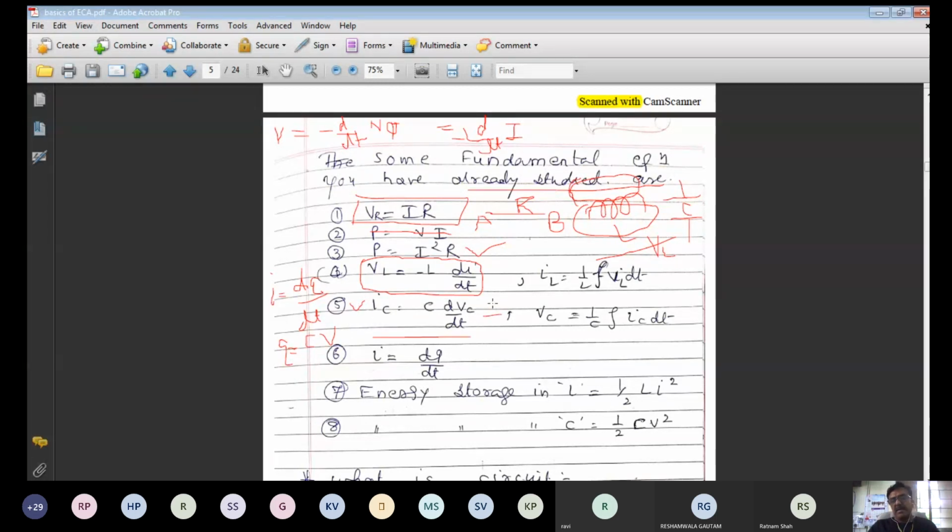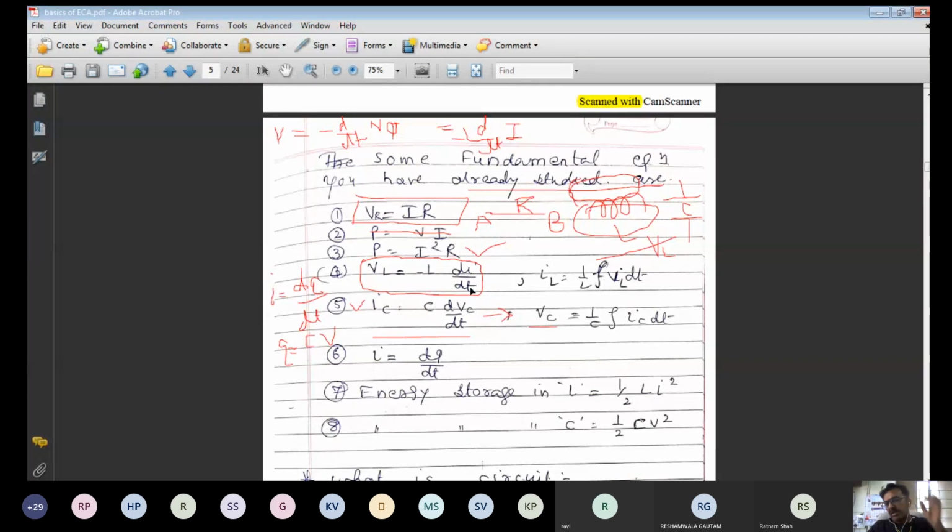From this we can also find the value of VC, that is, 1 upon C integration of IC dt. So these three equations: V is equal to I into R, VL is equal to L di by dt, and IC, the current in the capacitor, is equal to C dV by dt.